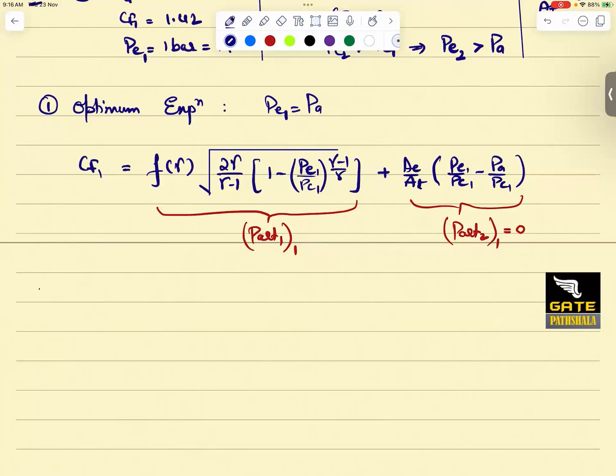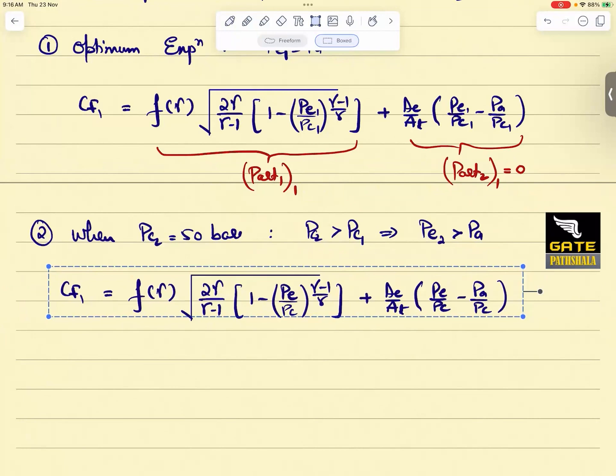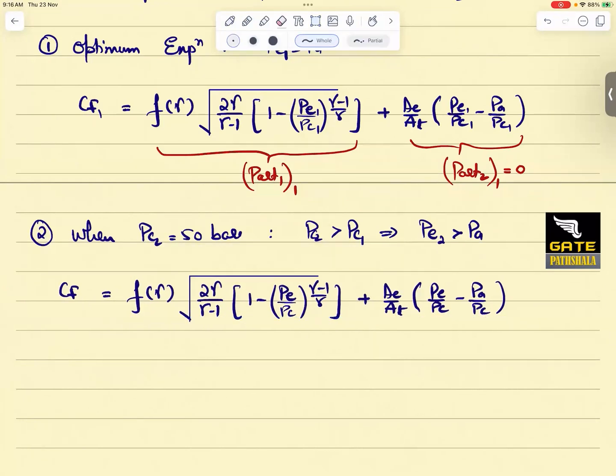Now, for the second case, PC2 equals 50 bar. Your PC2 is greater than PC1. That implies the exit plane pressure PE2 will now be greater than PA. So let's write the CF equation for the second condition, CF2.